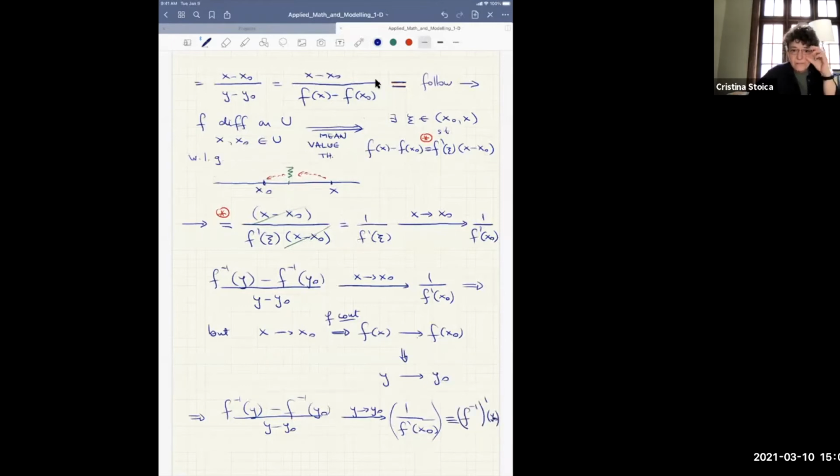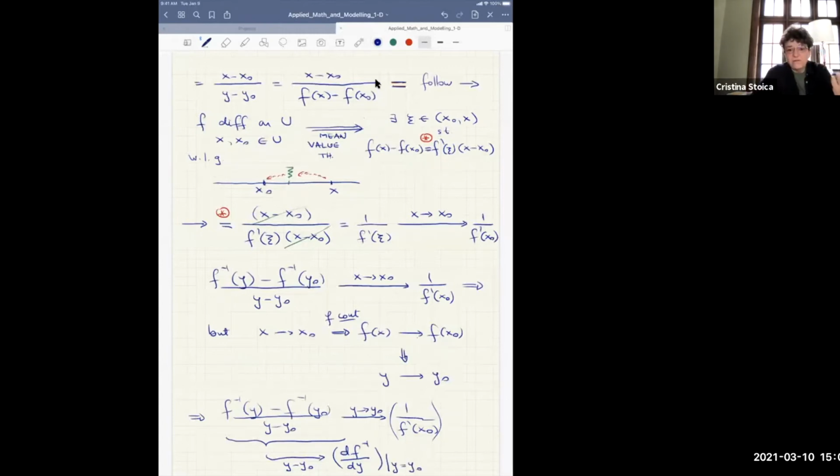Okay, so if you want, let's do it like this. As you might say, you just skip here at the end. But this tends, as y goes to y naught, to the derivative df minus 1 dy computed at y equals y naught.